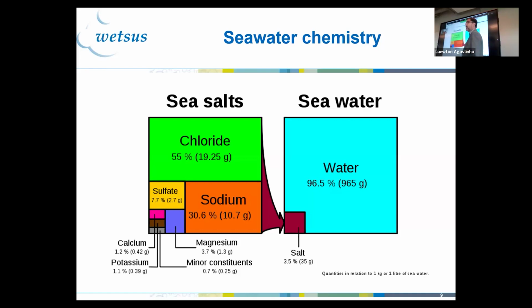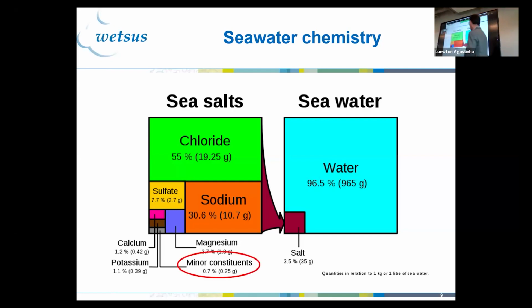Impressively enough, these are the ones that make our life difficult when we want to desalinate. Most of them, especially sulfate and calcium, because of precipitation on the membranes, and magnesium as well. But in general, what is interesting to show you is that 85% of everything is sodium chloride, and most of the treatments are based on the removal of this specific salt.